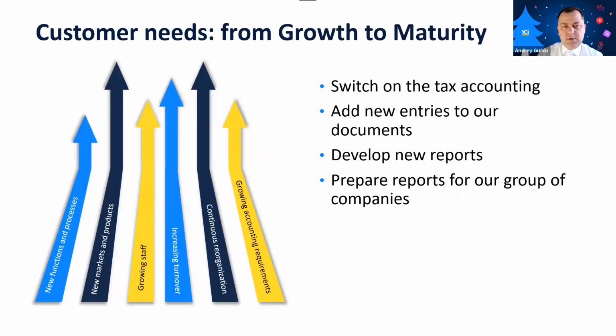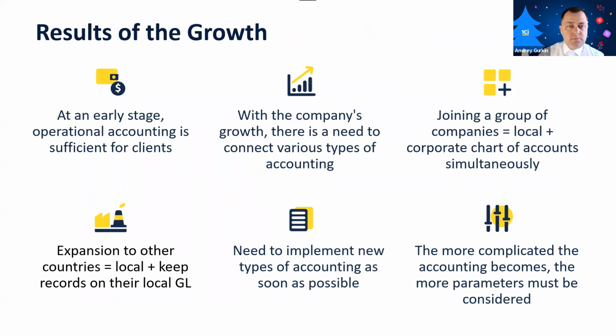During the next stages from growth to maturity, the company's appetite is very high, and gradually it grows more and more, and they want to switch on the tax accounting and add new entries to the existing documents, use other documents, develop new reports, and prepare reports for the group of companies. As a result, at an early stage operational accounting is sufficient, and during all these stages, with grown appetite, we face adding more and more future needs.